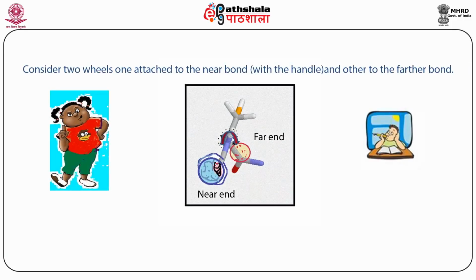Consider two wheels attached to the near bond and further bond, and a handle in the direction of the near bond attached to the near wheel.